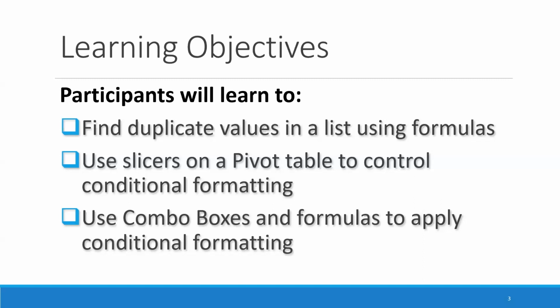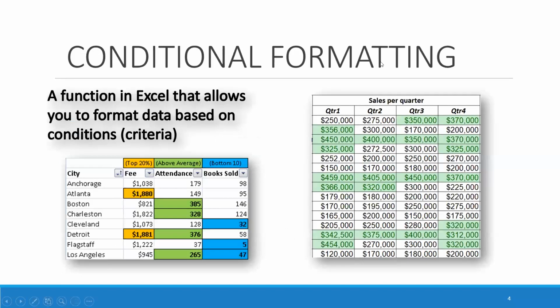All right, so let's get started with the learning objective. Today is all about conditional formatting, right? You saw the class is called advanced conditional formatting, but before we get into the advanced portion, let me make sure everybody knows what conditional formatting is in Excel.